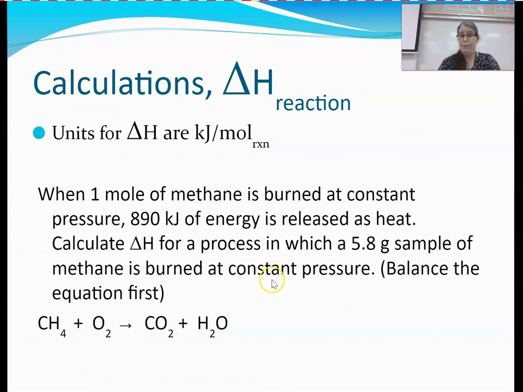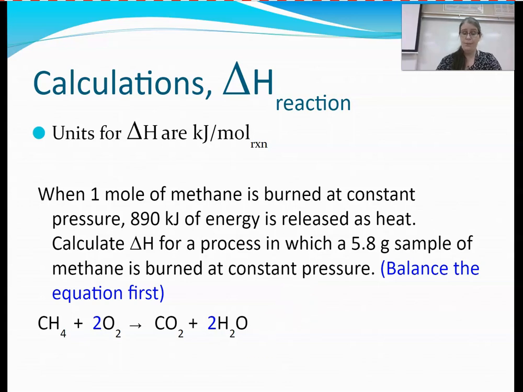It has to do with the balanced chemical equation. 1 mole of reaction is 1 time through the balanced chemical equation, exactly the way it's written on the page. So in this case, 1 mole of methane is equivalent to 1 mole of reaction. But in 1 mole of reaction, I use 2 moles of oxygen gas.